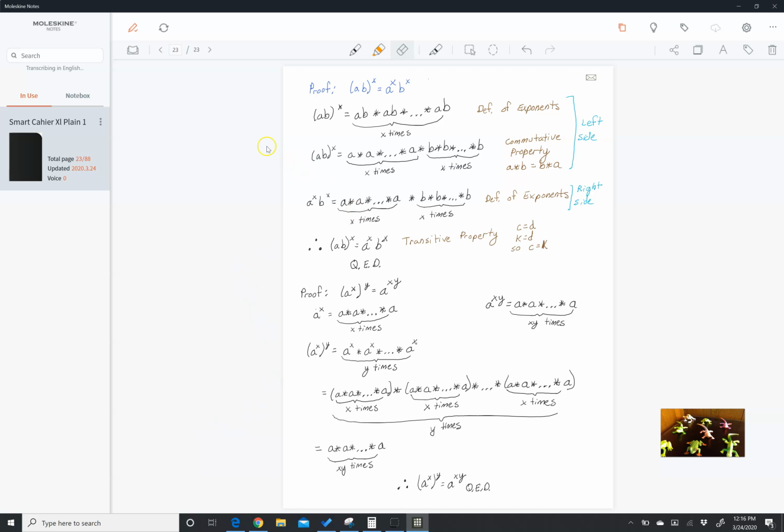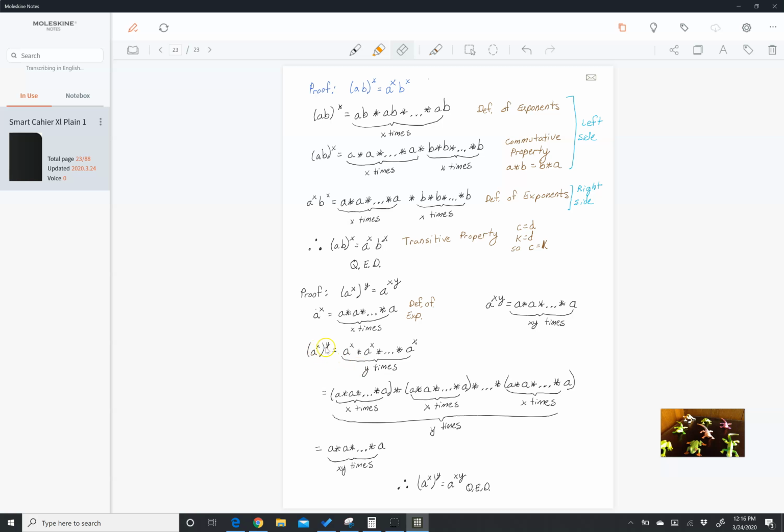So let's just go back through this one more time and do all of our reasons. Okay. So this first one is definition of exponents. A to the x is just a times a times a x times. Okay, definition of exponents. This one is also definition of exponents.